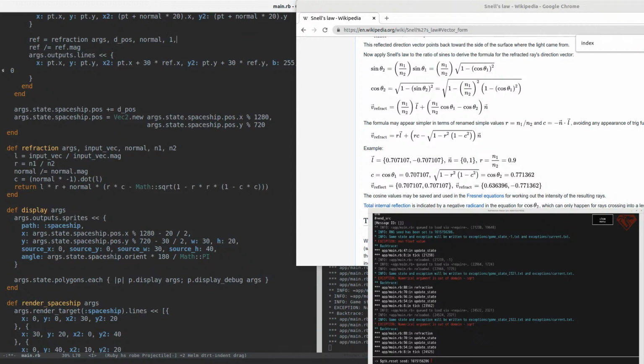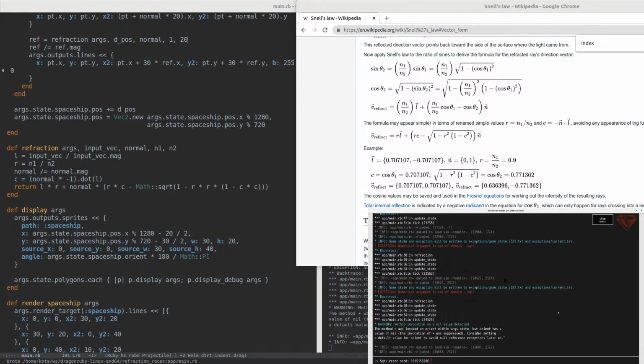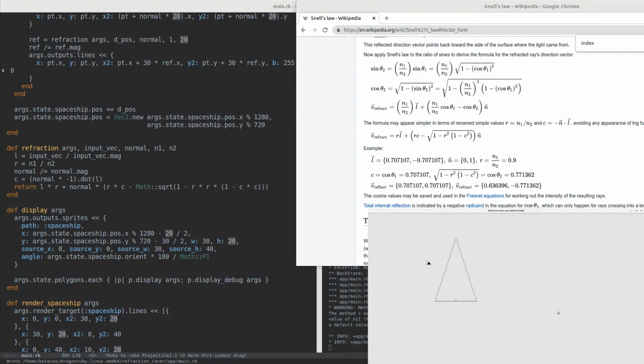What happens if we flip this again? Does it? Yeah, it's happy then. So for some reason, when it's opposite, it's unhappy.